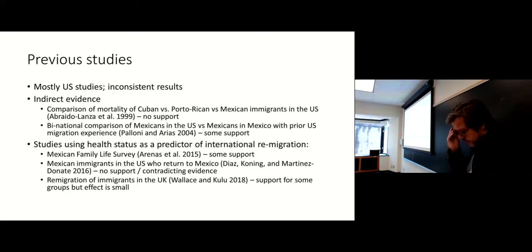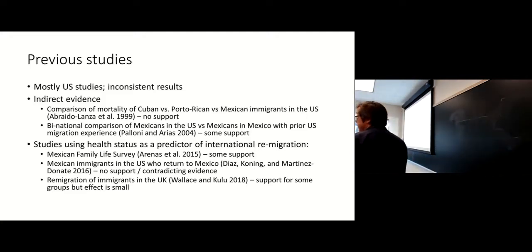So there is some indirect evidence in some papers. There's this famous paper by Abraido-Lanza et al. that compared the mortality of Cuban immigrants in the US versus Puerto Rican versus Mexican immigrants, with the expectation that Mexicans are more likely to return than Cubans, for whom return migration may not be feasible.